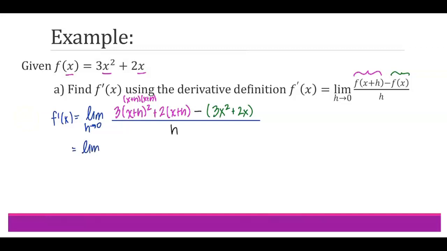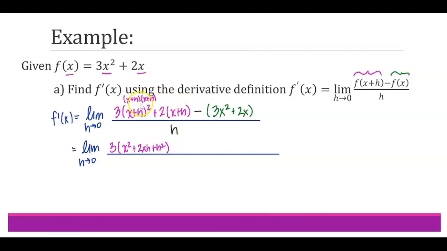Let's do the limit as h approaches 0. Still going to have a pretty big fraction bar here. So x plus h times x plus h, if you distribute it all out, I'll leave the 3 in the front for now. I'm going to get x squared plus 2xh plus h squared. So that's just x times x, x times h, another x times h, and h squared.